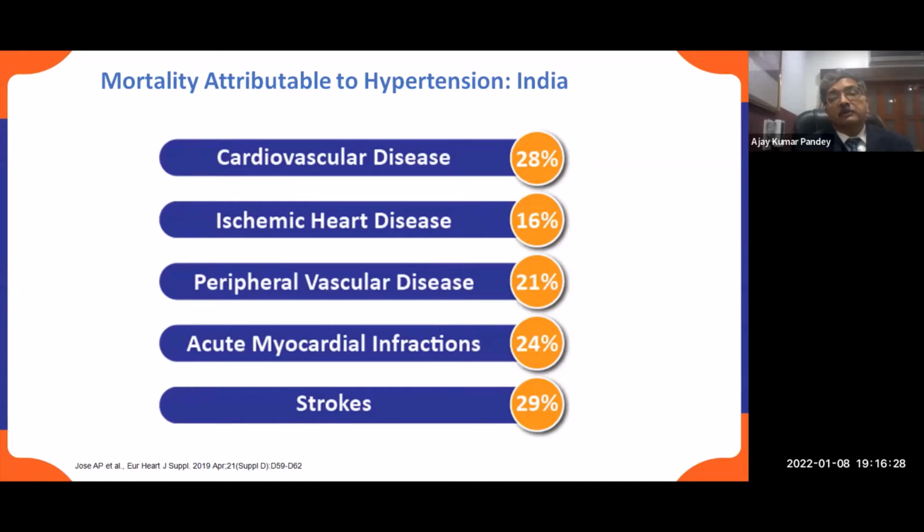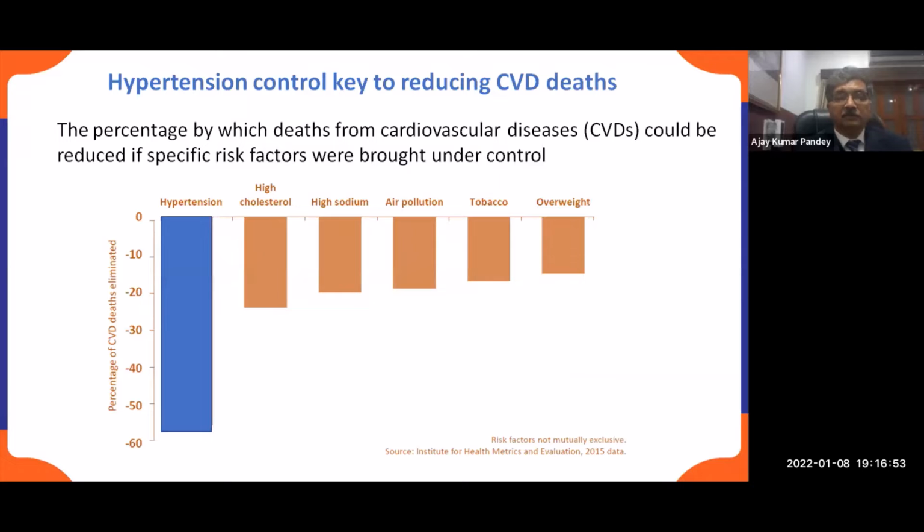Among the mortality attributable to hypertension in India, cardiovascular disease is the highest. No, sorry, stroke is the highest, around 29%, followed by cardiovascular disease, acute MI, peripheral vascular disease and ischemic heart disease. So if a person has uncontrolled hypertension, stroke is the highest possibility.